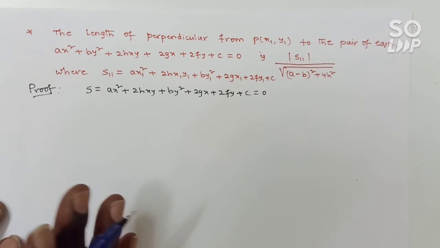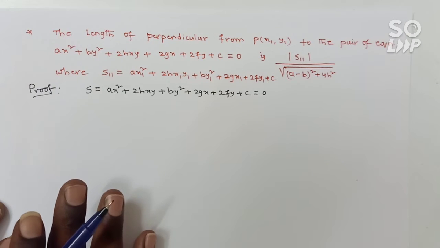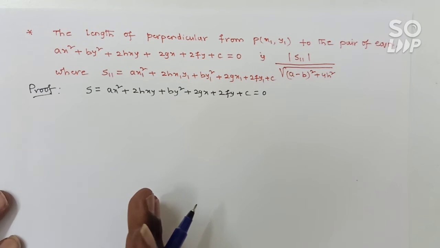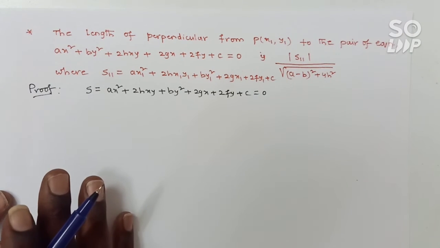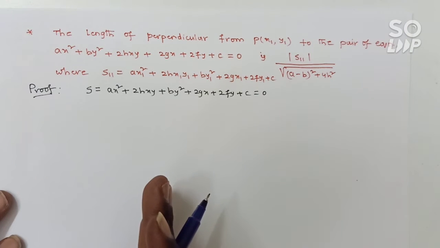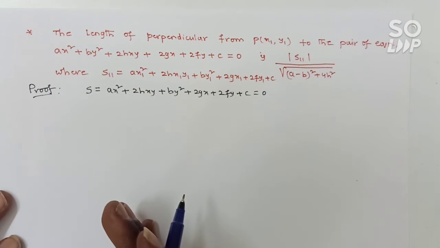You know what is the difference between homogeneous and non-homogeneous? A non-homogeneous equation will represent lines not passing through the origin.